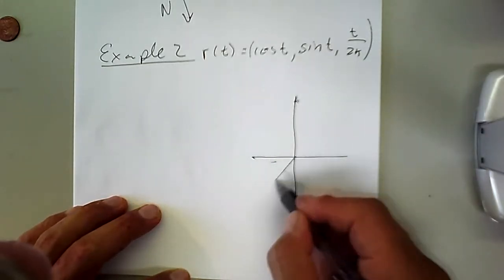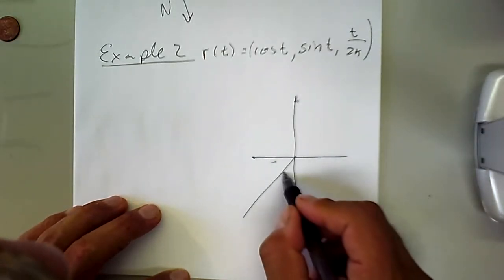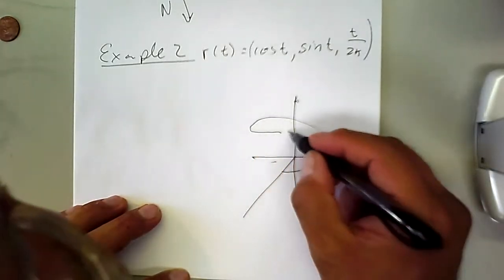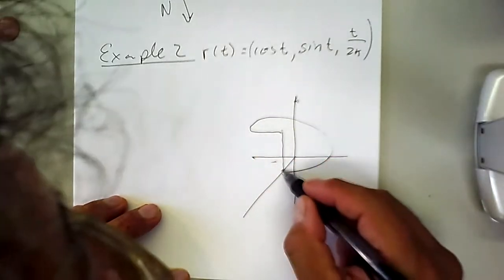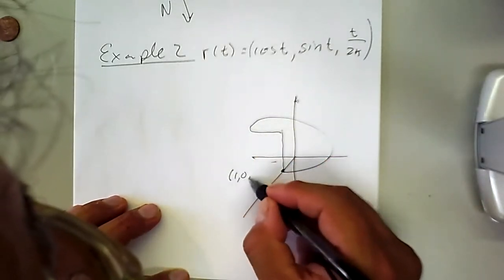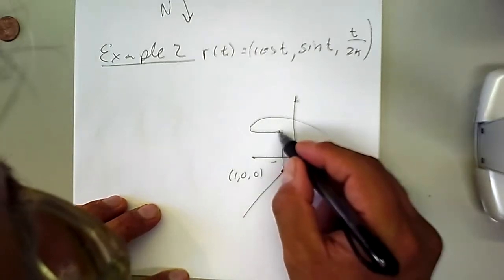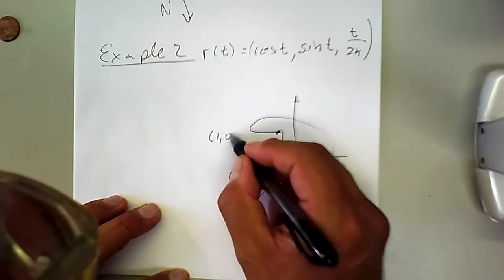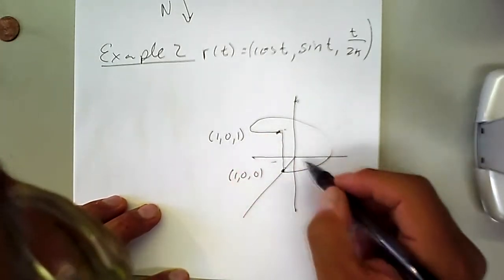So we have the three-dimensional space, and we have this coming down this way. So this point is 1, 0, 0. This point up here is 1, 0, 1, 1 unit up.